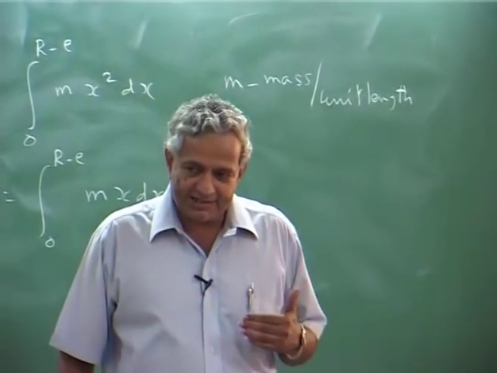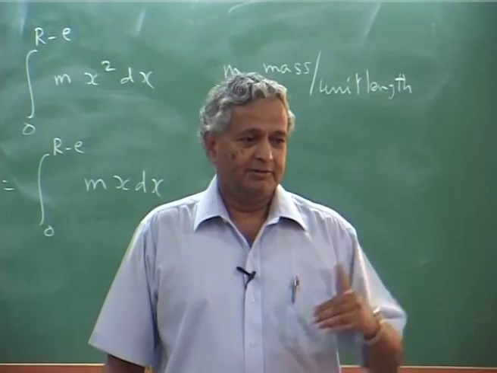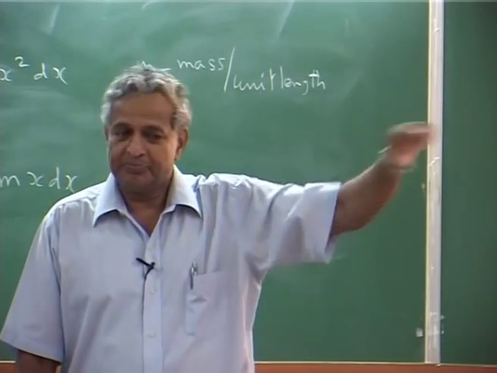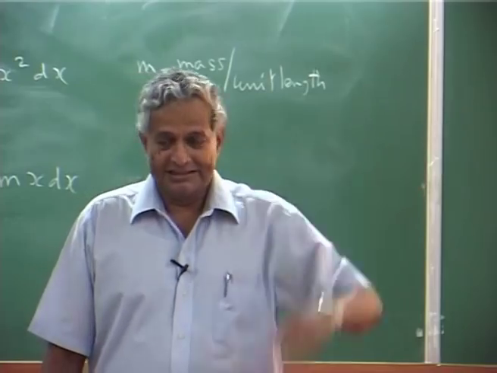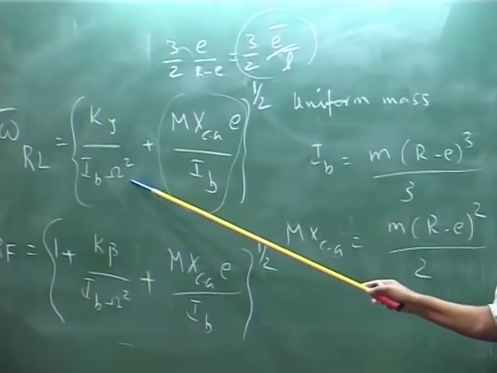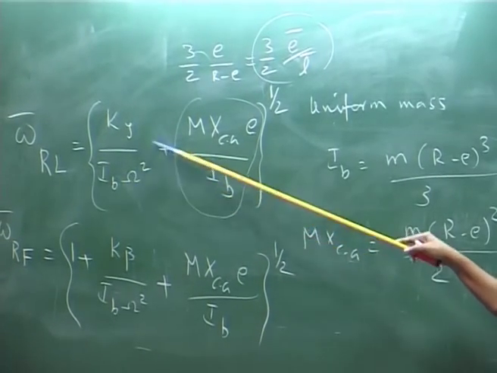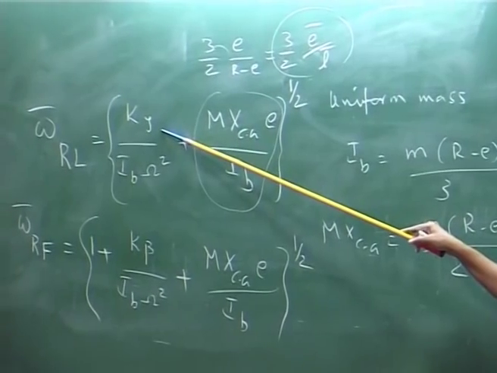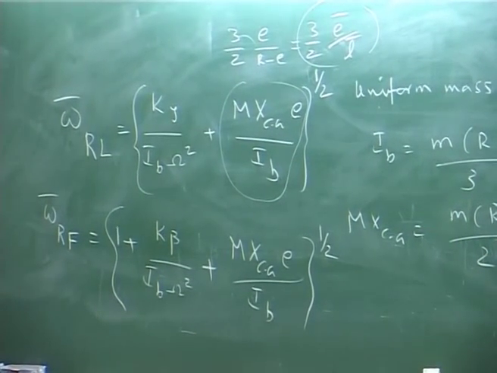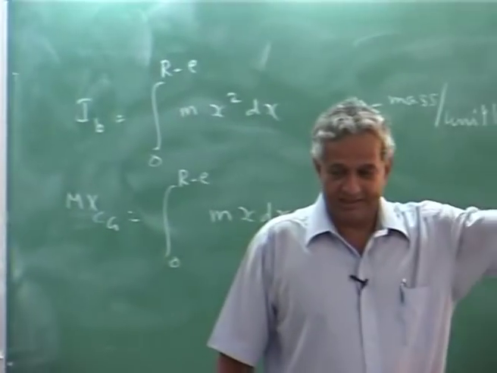When you are starting the blade, RPM is low. When you go to the operational 100% RPM, it will have a much higher value. That means my lead lag frequency, I am changing it. As my omega changes, the non-dimensional number itself is changing if I have a stiffness, okay. Is it clear? Because as I change my omega, lag frequency is changing.